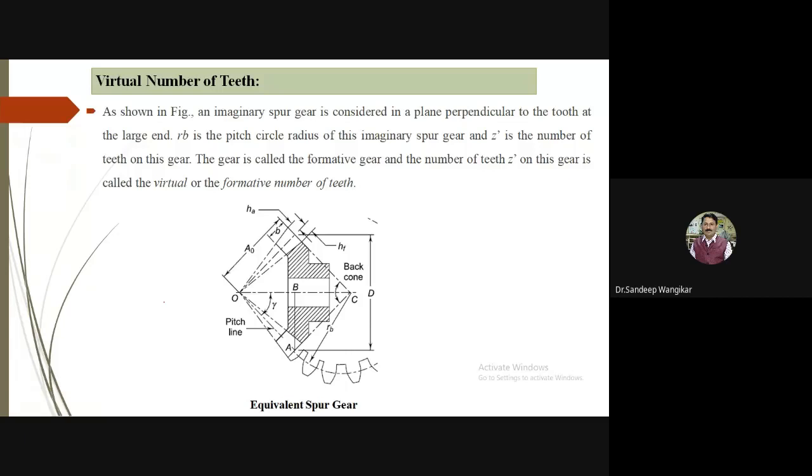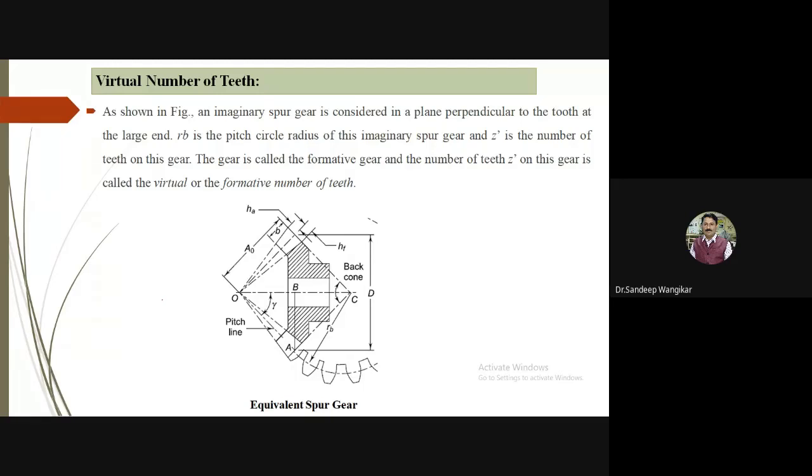Now let us move to the next bit, that is virtual number of teeth. As we have discussed, the same concept applies in the case of helical gear. Before proceeding, let us revise the concept of helical gear.